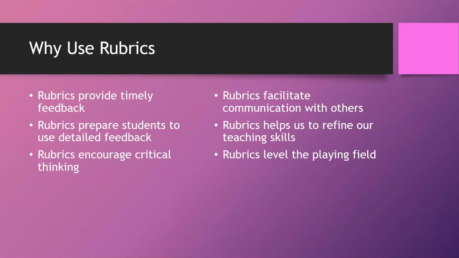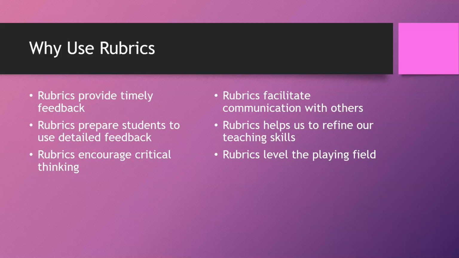Rubrics can prepare students to use detailed feedback. When you're using a rubric, it allows you to have more detailed feedback on the actual scale itself in the descriptions. Whereas when you're grading a lot of papers, you might abbreviate what the feedback is, and then students are not getting the full feedback.